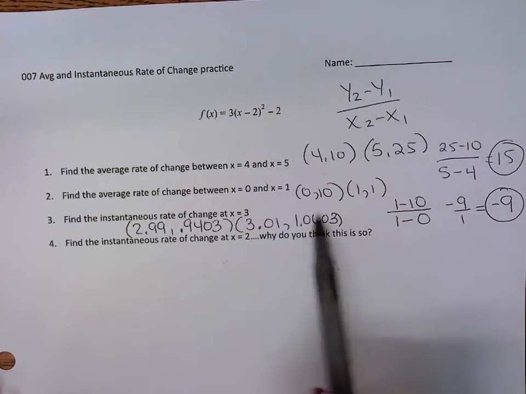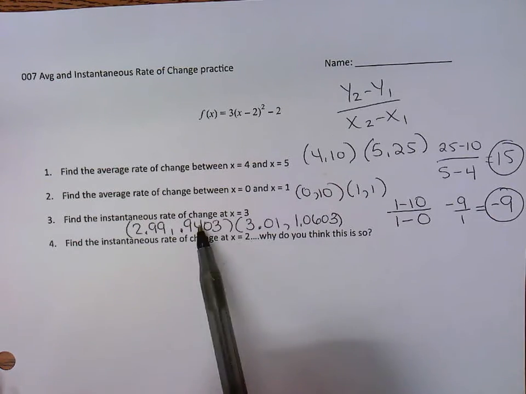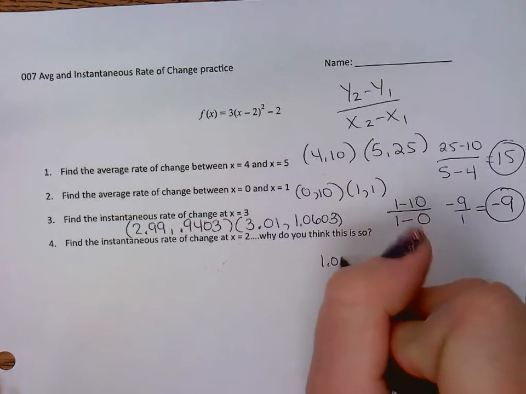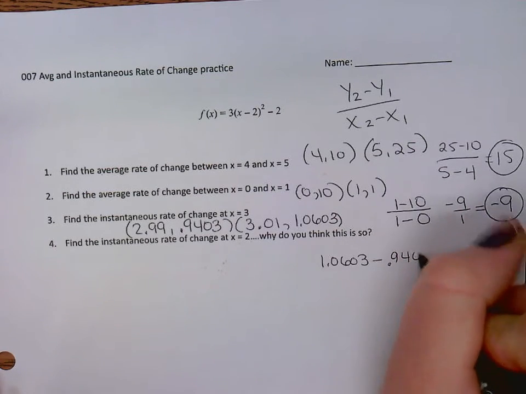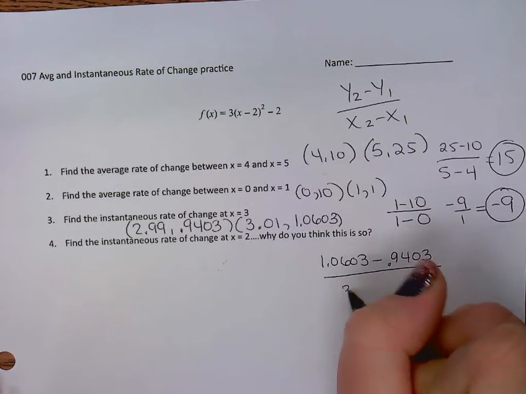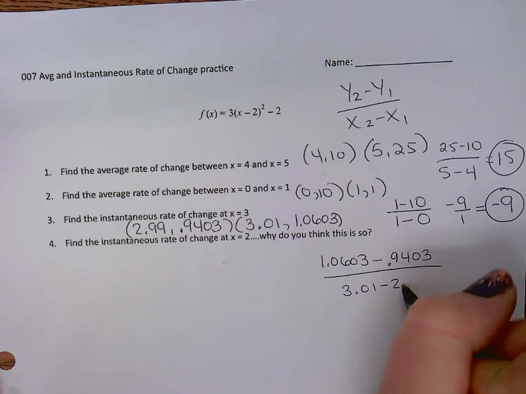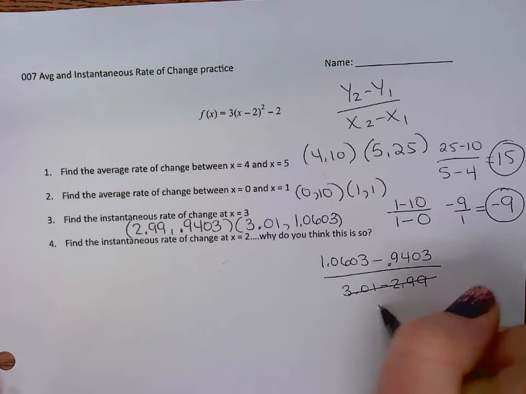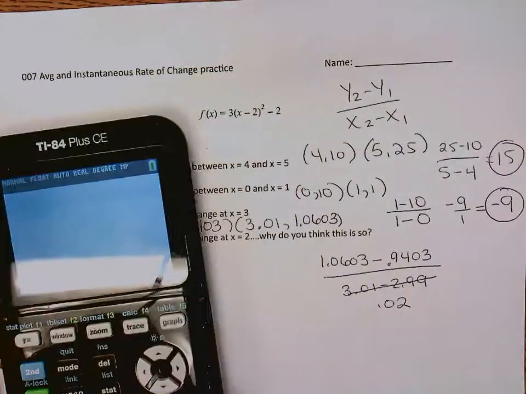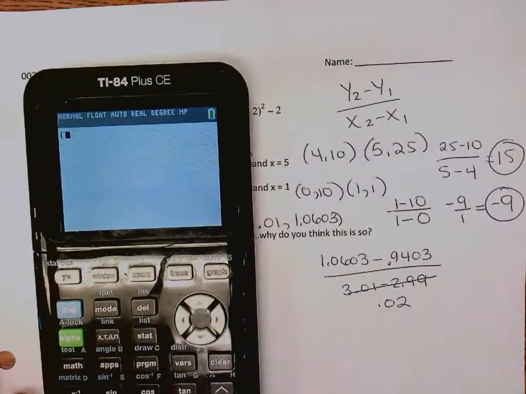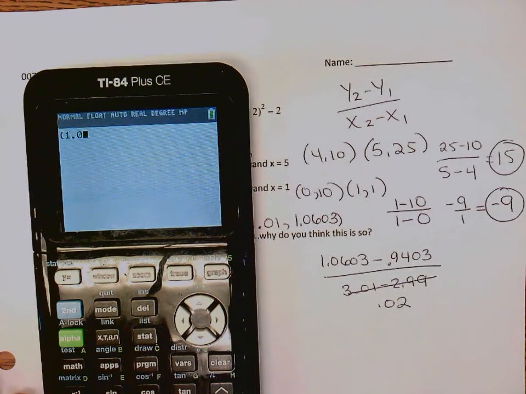1.0603. So to find instantaneous rate of change, now you do take the y2 minus the y1 over x2 minus x1. That's just going to be 0.02. I like to put my numerator in parentheses: 1.0603 minus 0.9403 divided by 0.02.